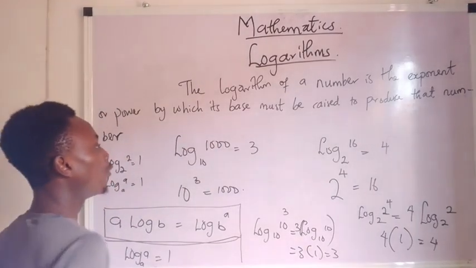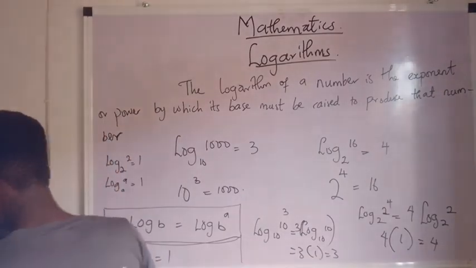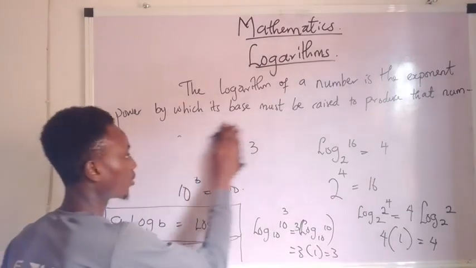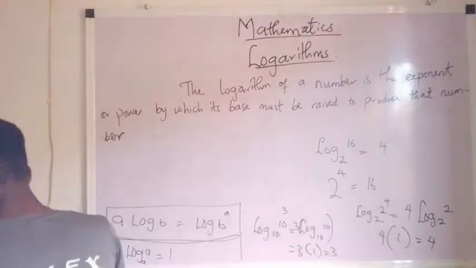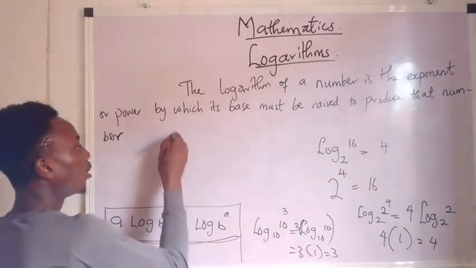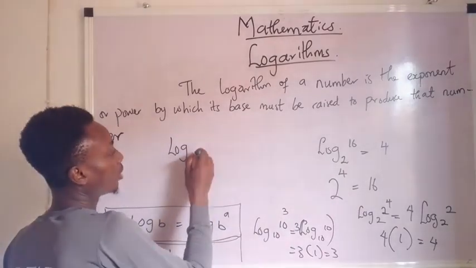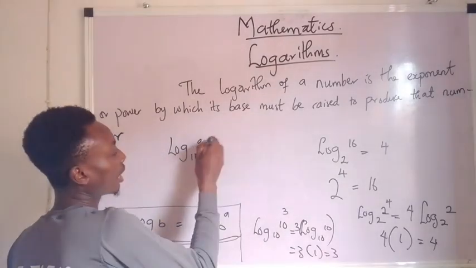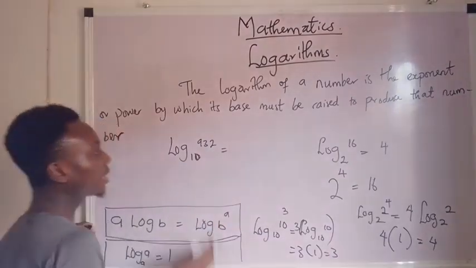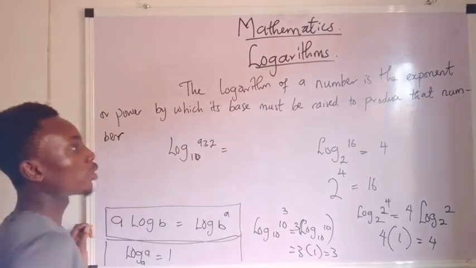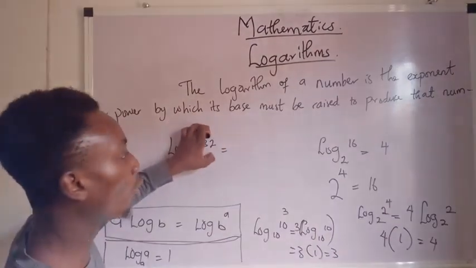Now, it means if you have, for example, logarithm base 10 raised to power 932, this one now is 10 raised to power something, but the power will not be a whole number.